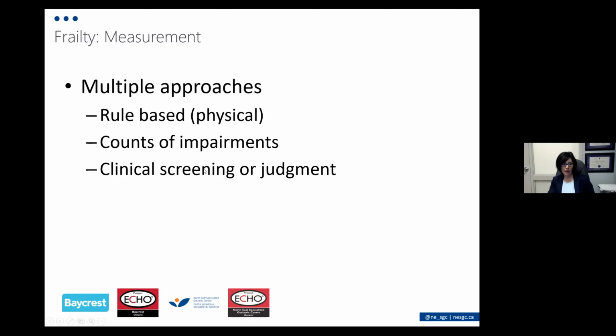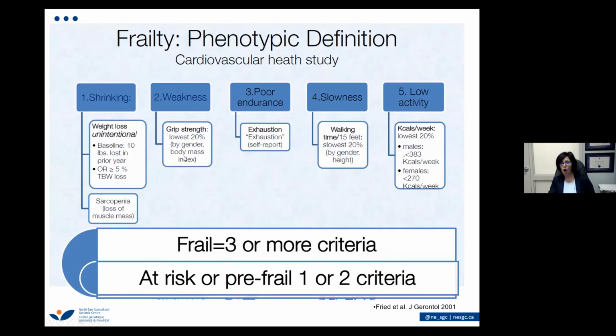When you're measuring frailty, there's different ways of measuring it. Probably if you search this on PubMed, you'd get hundreds of different ways to measure frailty. We're going to look at the common phenotypic definition.